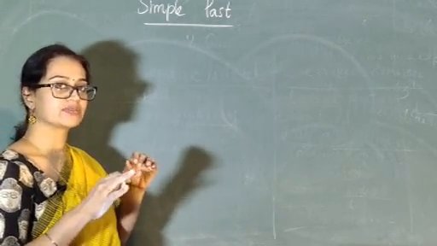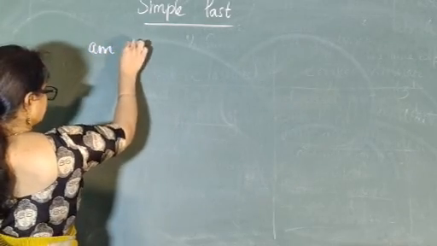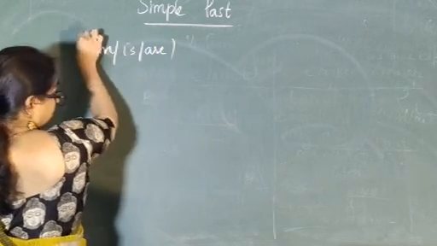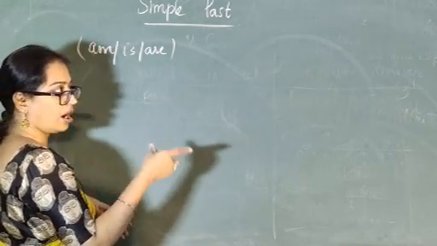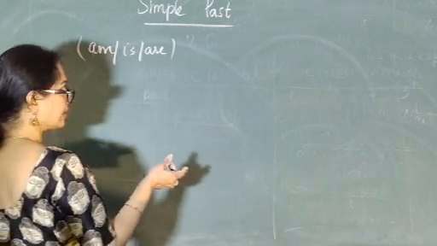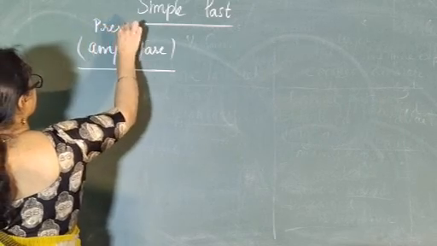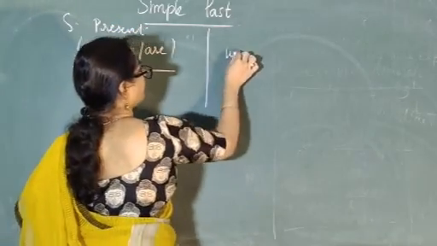In simple present we use the auxiliaries am, is and are, right? Without any other verbs. I am a teacher, you are a student, he is a student, etc. Right? So these are simple present.